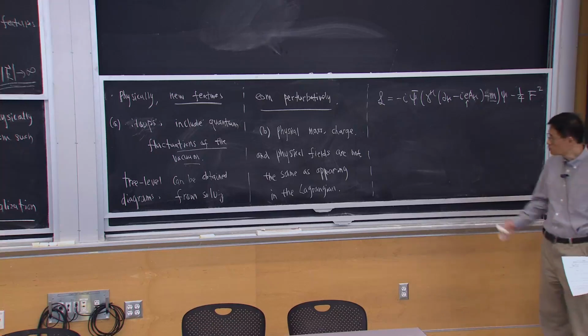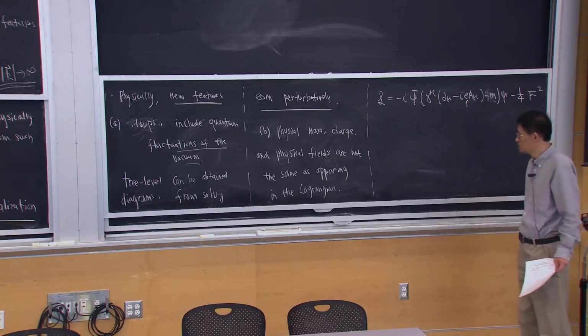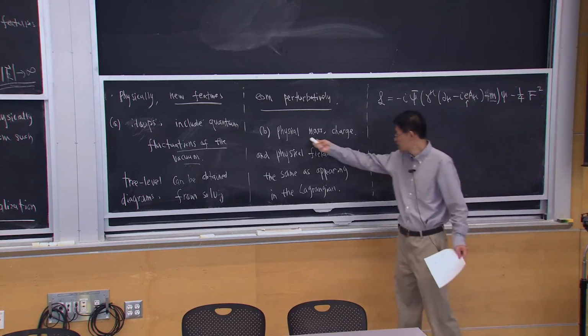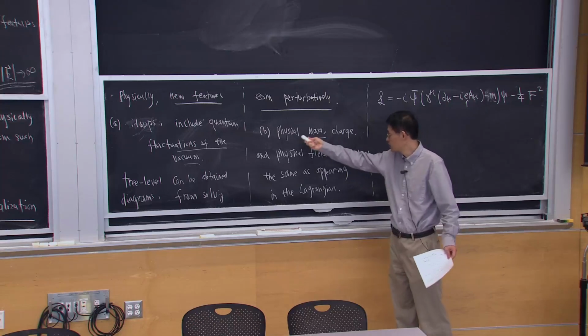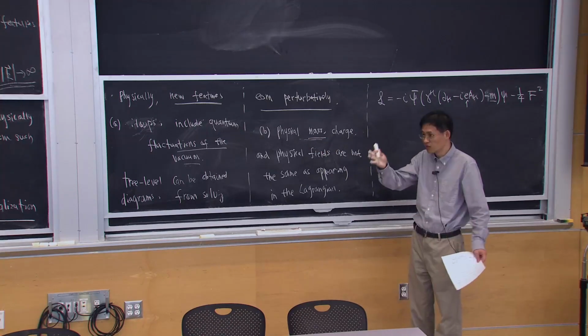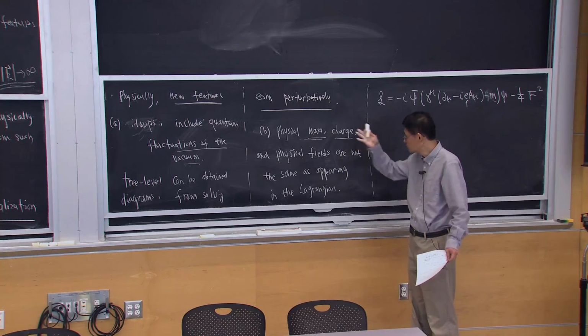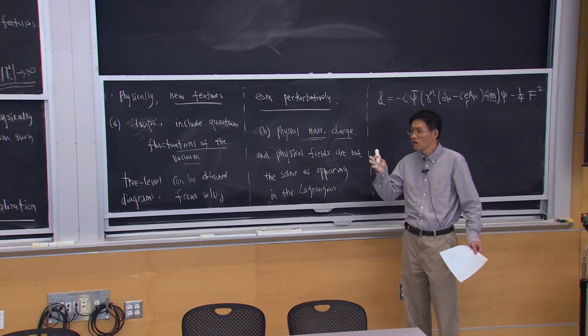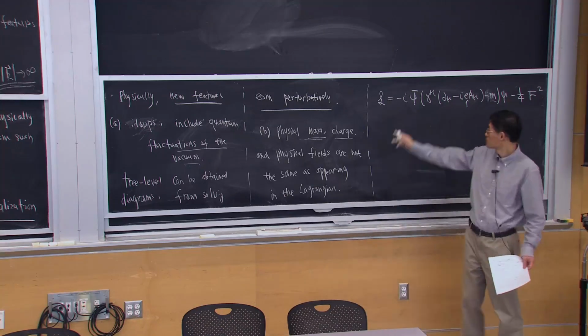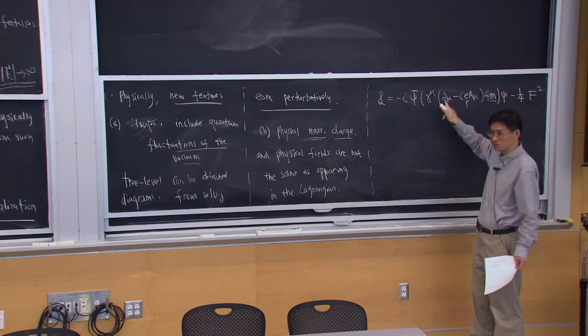But it turns out that when you include the loop effect, the physical mass, meaning the mass of the electron we actually measure in the lab, and the charge we actually measure in the lab, are no longer the same as the ones appearing in the Lagrangian.